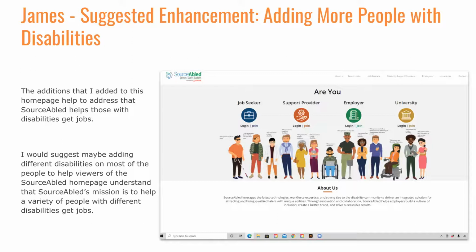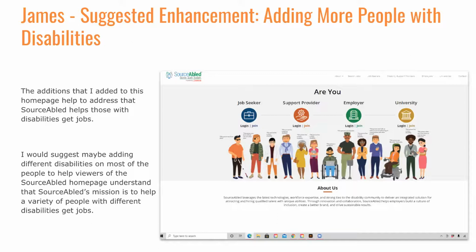Pretty much the only thing I added was to the people, how they look. Since SourceAbled is for helping those with different disabilities find jobs, something that I added was transforming some of the people so that they had some obvious disabilities that you could see.